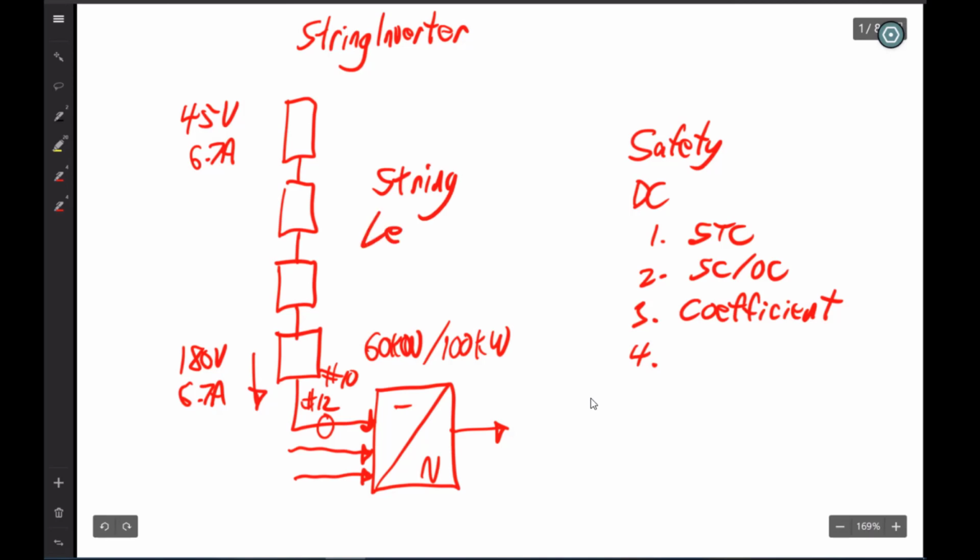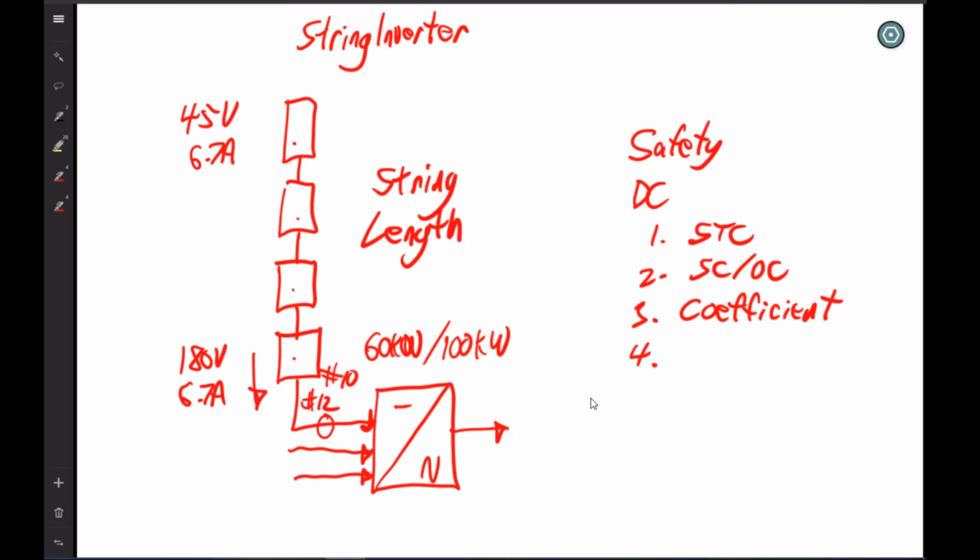String length. So how many of these modules can we put together? I showed 4. That's ridiculous. Normally there's 16, 18, 20, some can be as long as 21, 22 modules long. What is the limiting factor on string length? And we'll get to that in just a second.